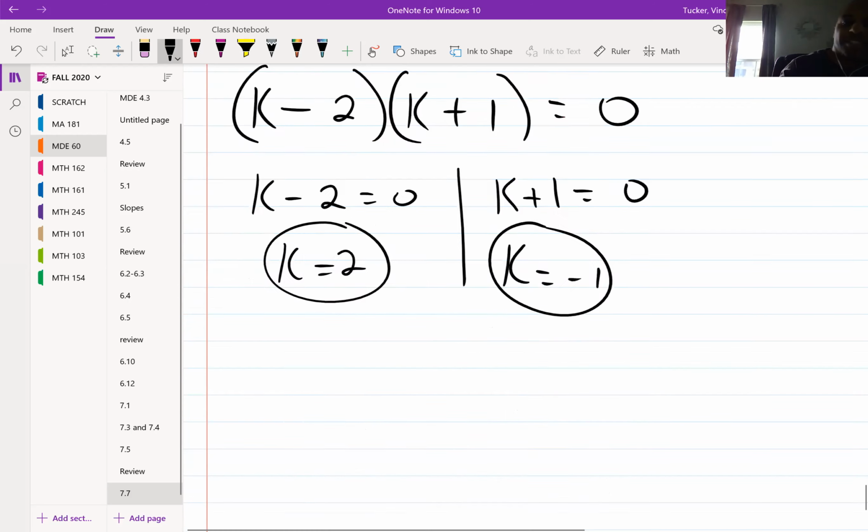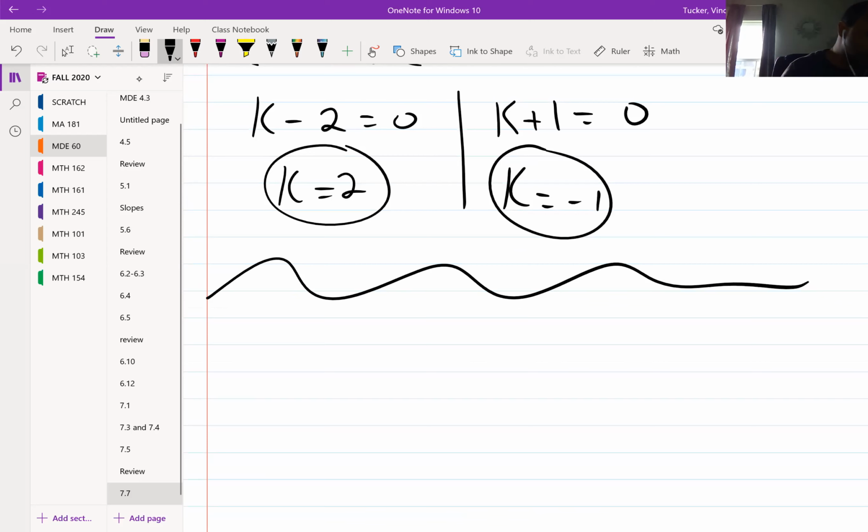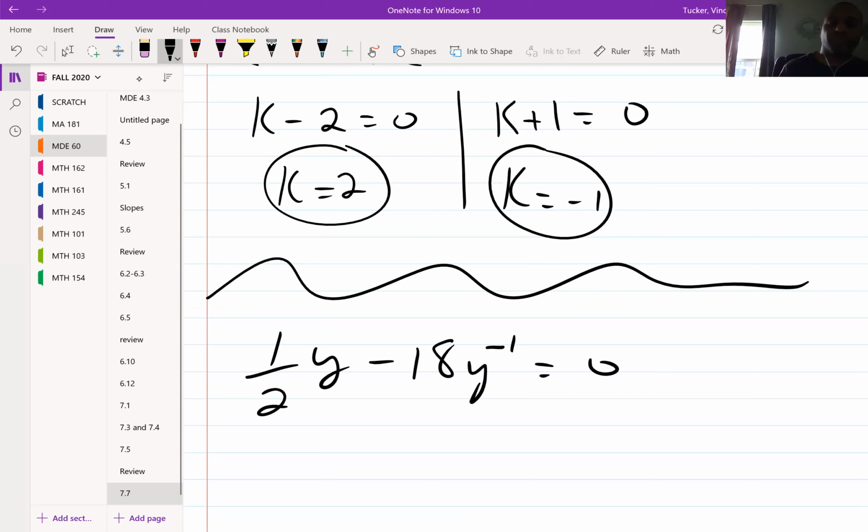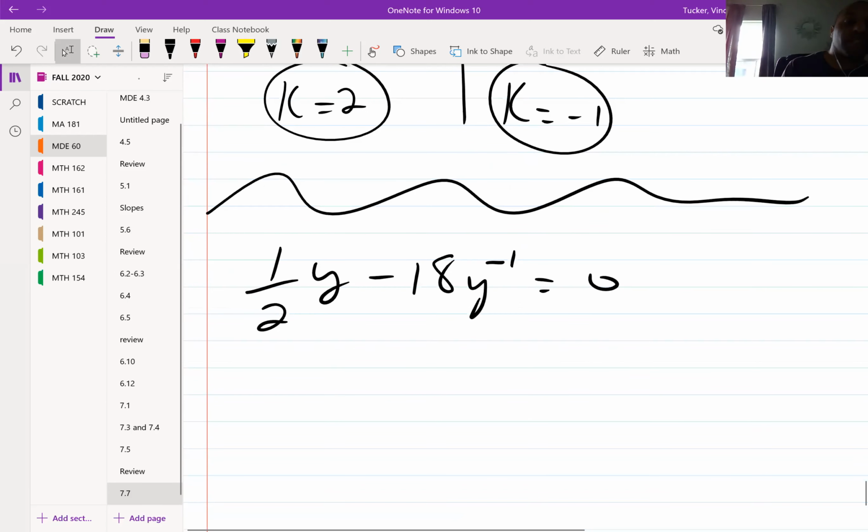All right, let's see this one. I don't know if this is a hard one, but at least when it comes to the notation, let me make sure. Not necessarily a hard one, but like I said, I want to make sure we're okay with the notation and the process.